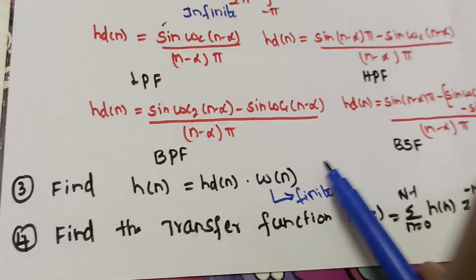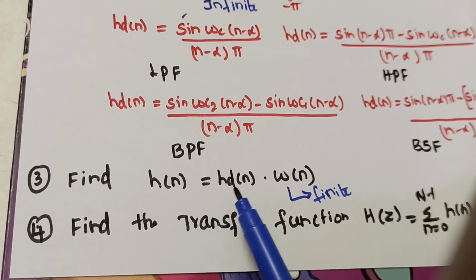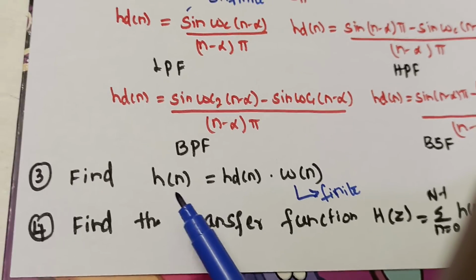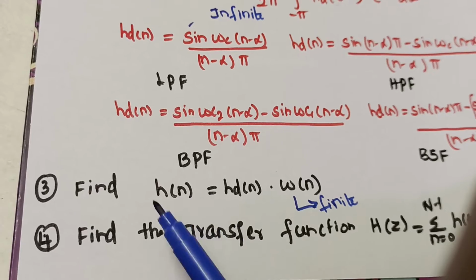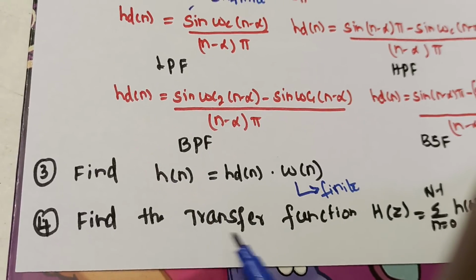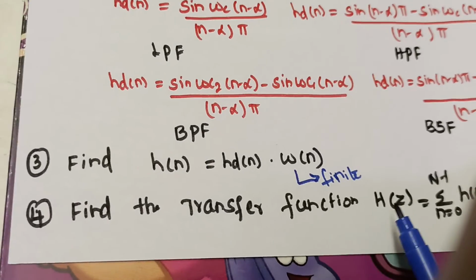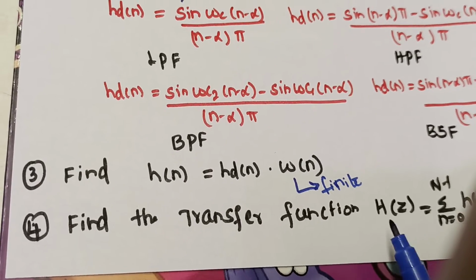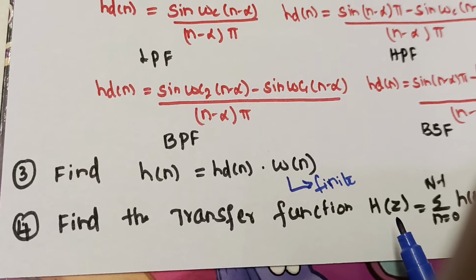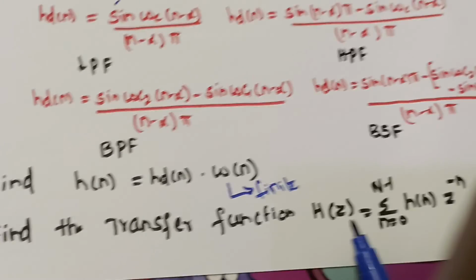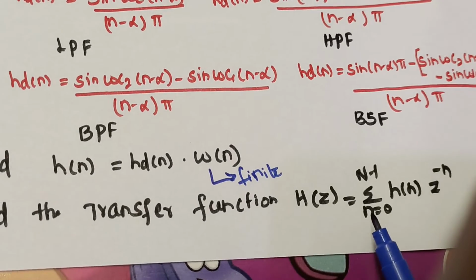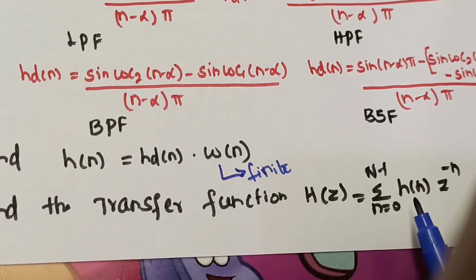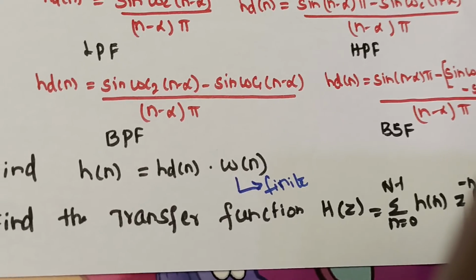So in the third step we have converted hd of n into h of n, and once we have obtained the finite impulse response, the fourth step is to find the transfer function h of z, which is the last step of the FIR filter design using windows. For finding h of z, the formula is summation n equal to 0 to n minus 1 of h of n z power minus n.